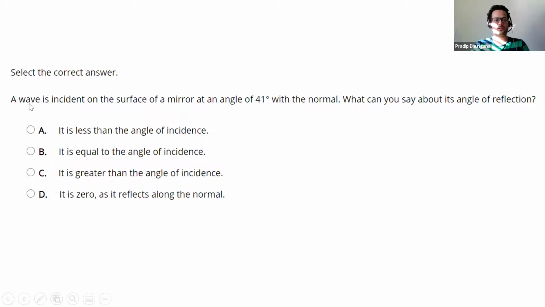Okay, let me launch the poll. The question is: a wave is incident on the surface of a mirror at an angle of 41 degrees with the normal. What can you say about the angle of reflection? Think about the law of reflection, okay? Now let me make a diagram for this question.